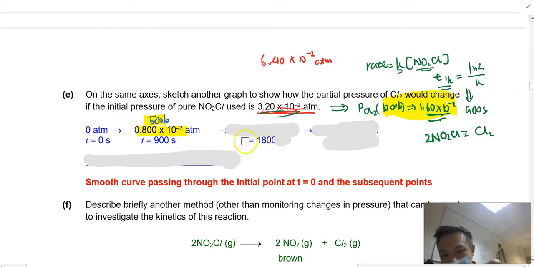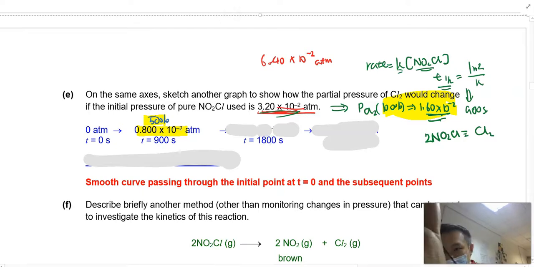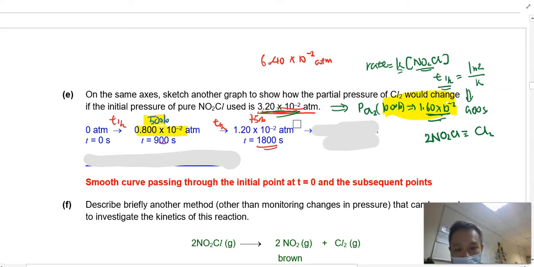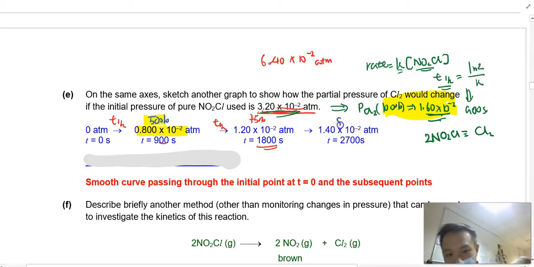Second t half, 1,800 seconds. Alright? 900 times 2, right? Will be 75%. 75% of 1.6 will be 1.2. And last point will be your 87.5%.